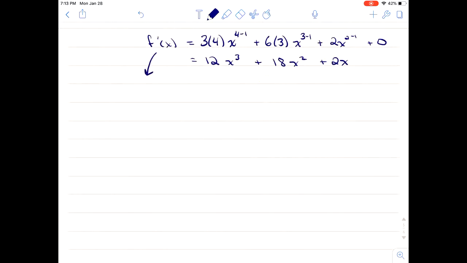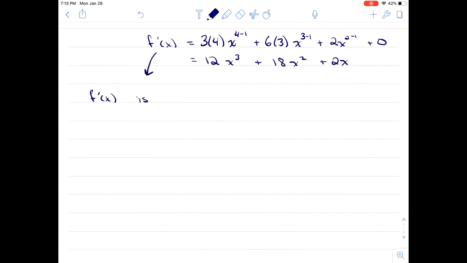So what this is giving us, right? F prime of x is the function, right? Because it itself is a function, for finding the slope of the tangent line at some value of x.